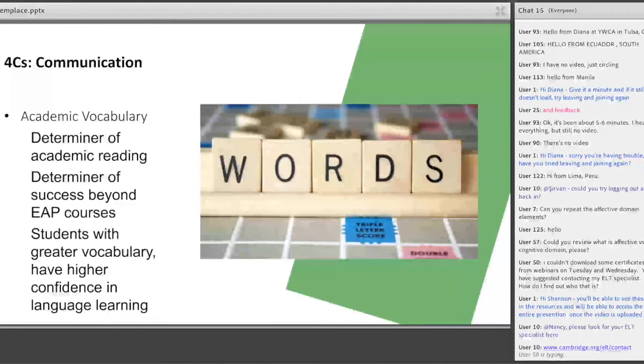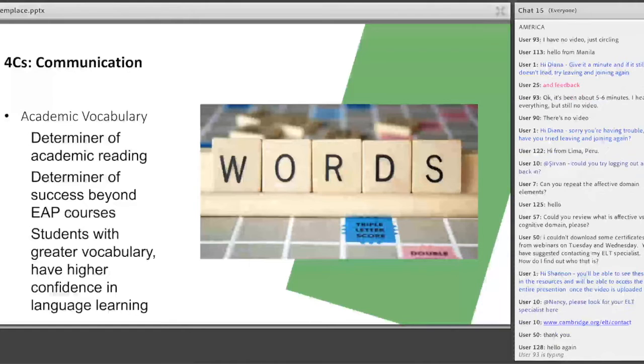The stronger a student's vocabulary is, the more likely they are to be successful beyond EAP. And students with greater vocabularies also have higher confidence in language learning. And as language teachers, we know confidence has a lot to do with language learning and taking risks that need to be taken.